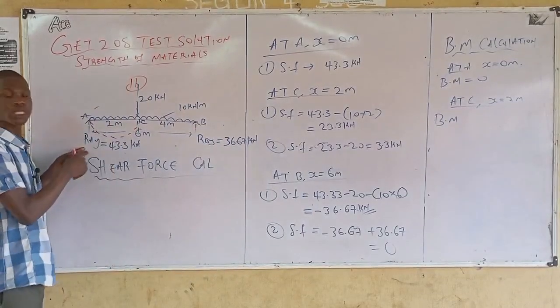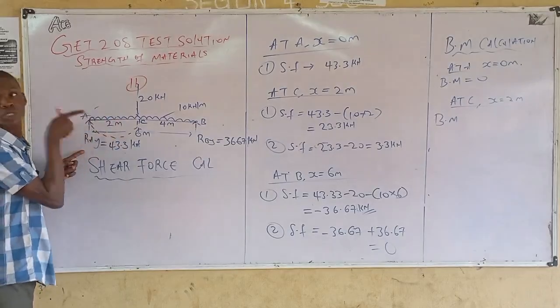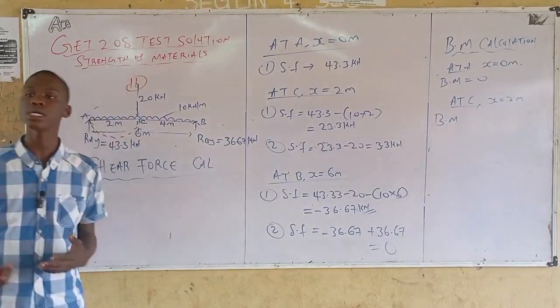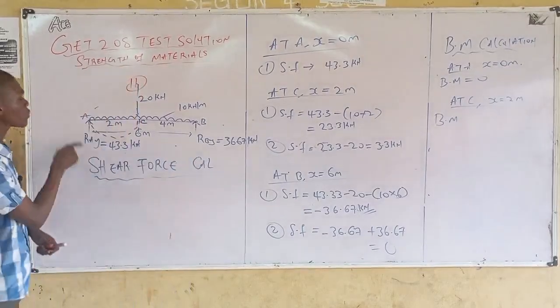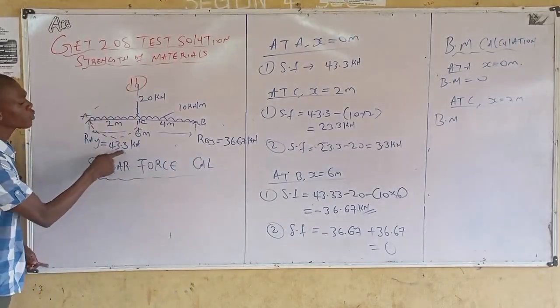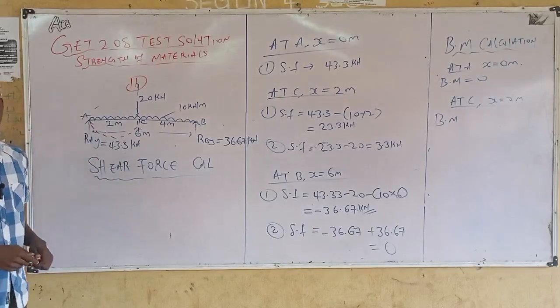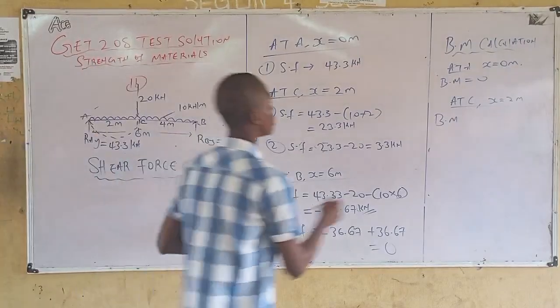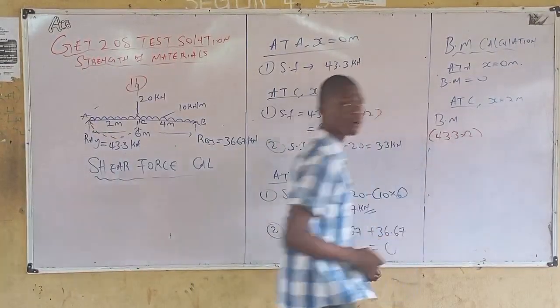Meaning I'm taking the moment of this support about C, and also the moment of this UDL about C. And what do I know about moment? Force times distance. For the first one, the force is 43.3. What is the distance before getting to C? 2. So therefore, 43.3 times 2.